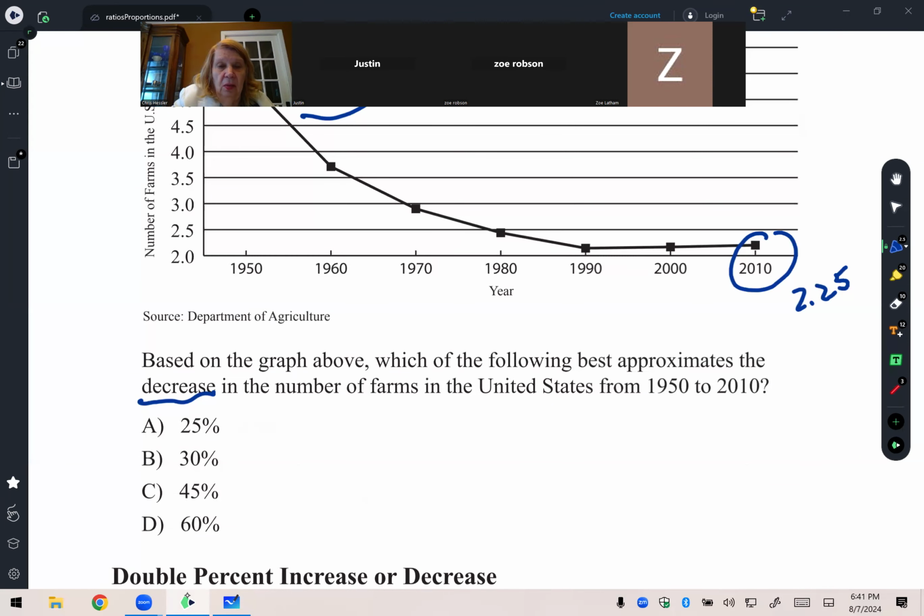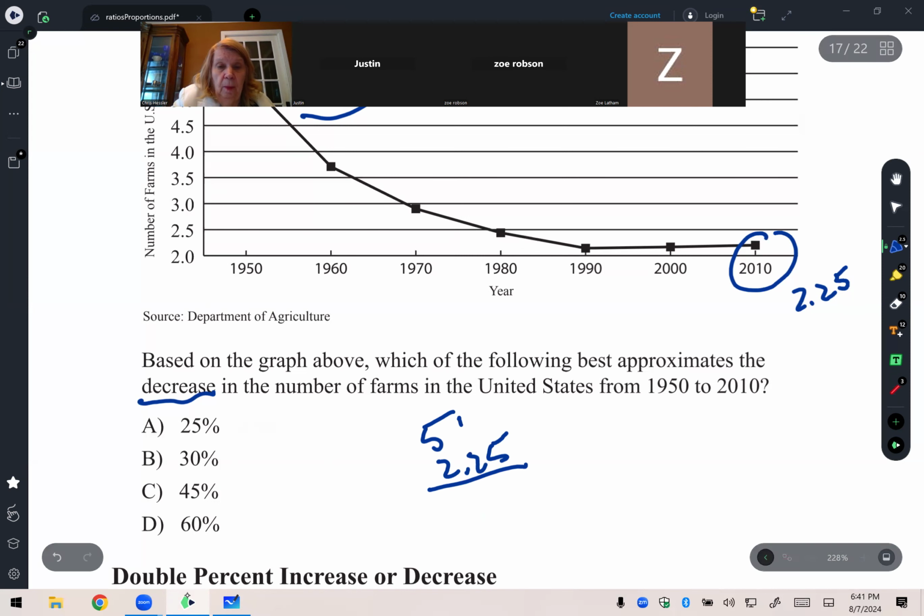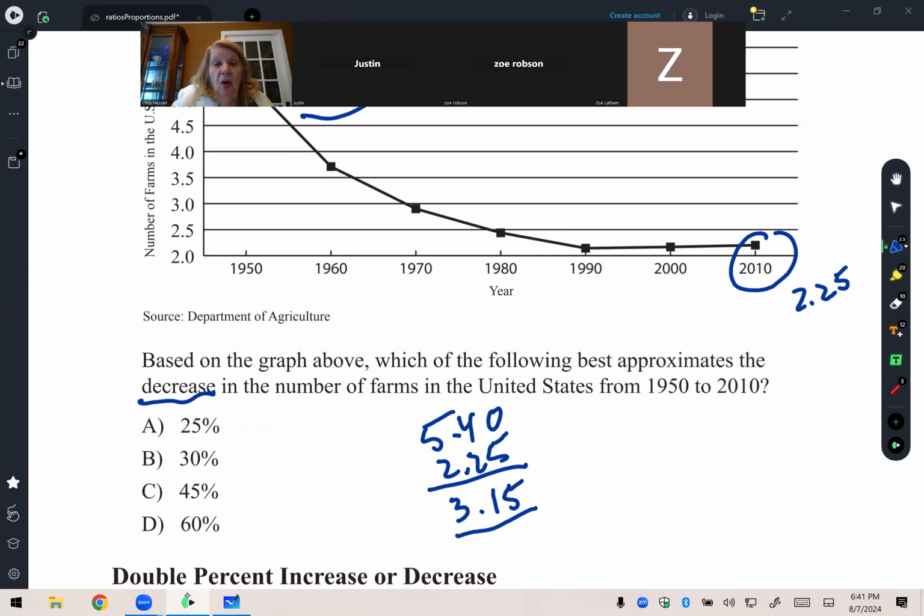So I take the amount of the decrease, which is 2.75, right? No, 3.15 over the original, which was 5.4. Yeah, 3.15 over 5.4, over the original, which is going to be approximately 58%.